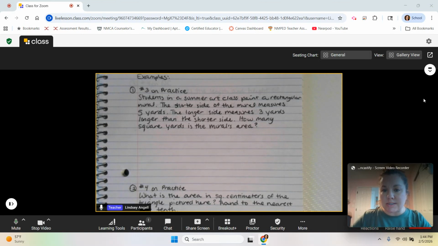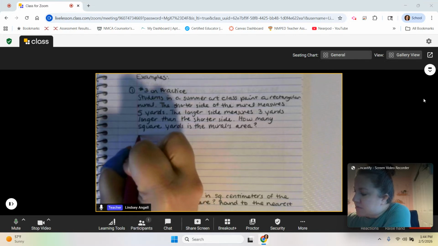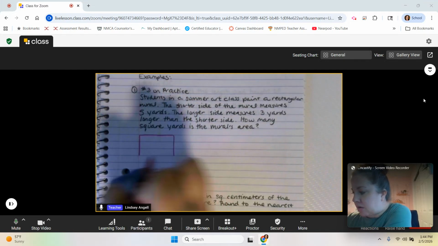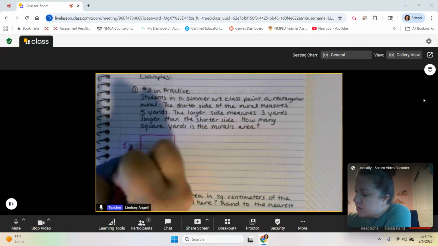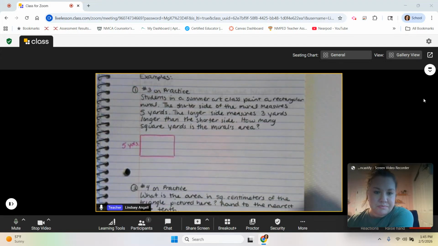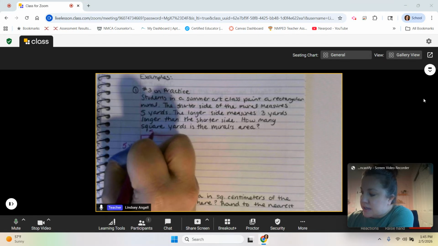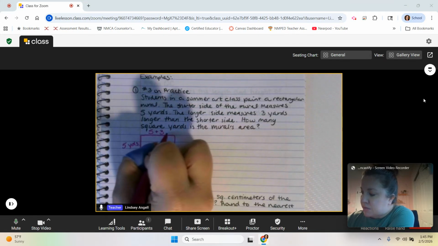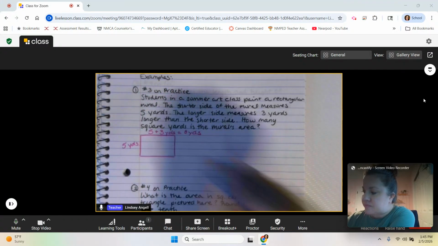I'm just going to draw a rectangle. I have no idea if this is accurate or not, but the shorter side is 5 yards. The longer side measures 3 yards longer than the short side, so the longer side is the short side plus 3 more, or 8 yards.